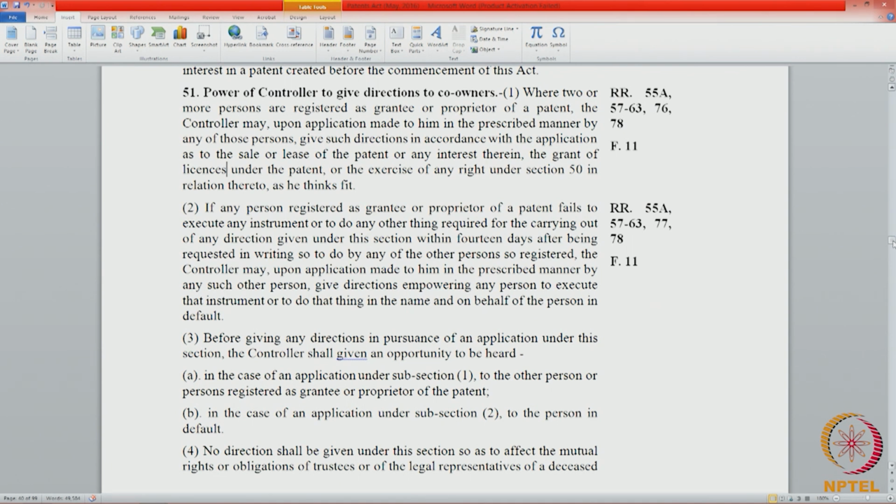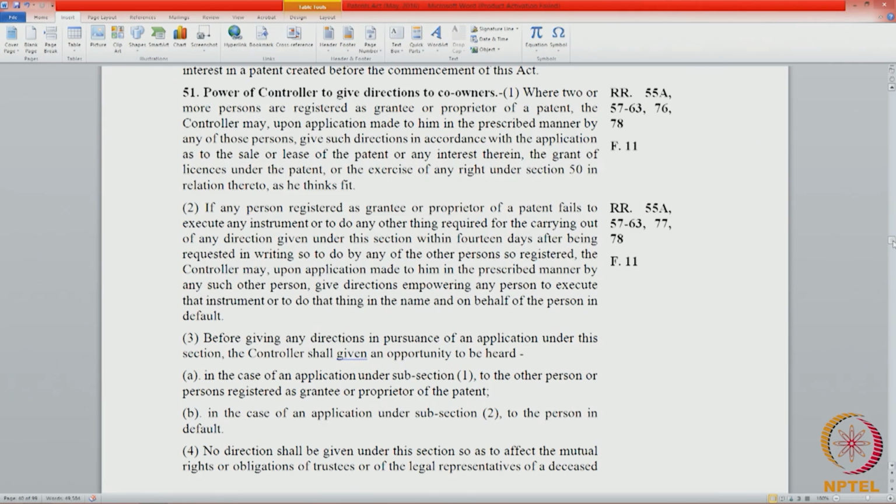An agreement or a license deed has been drafted and it has been sent to the co-owners for execution, for them to sign, and the co-owners refuse to sign. In such cases, the controller can ask another party to sign on their behalf, again to break the deadlock. 51(3).